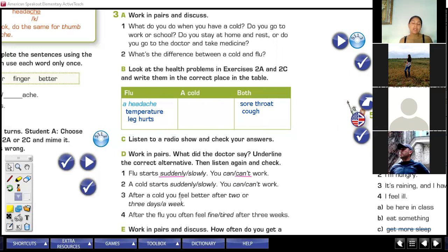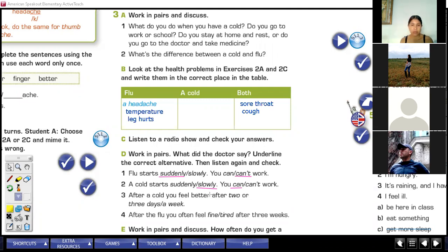Okay, number 2. A cold starts suddenly or slowly? Slowly. Slowly. Okay, you can or you can't work? It depends, but you can. You can, right? Okay. Now, after a cold, you feel better after 2 or 3 days or after a week? 3 days, says Beta.